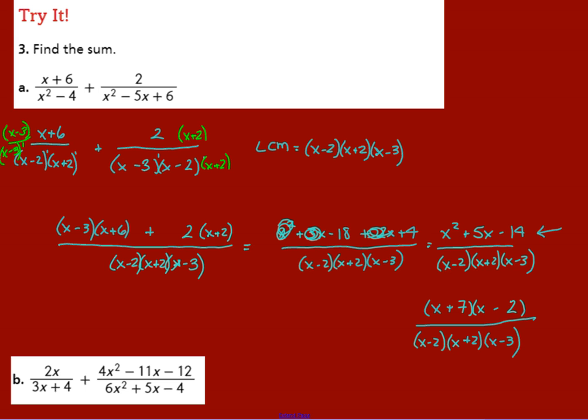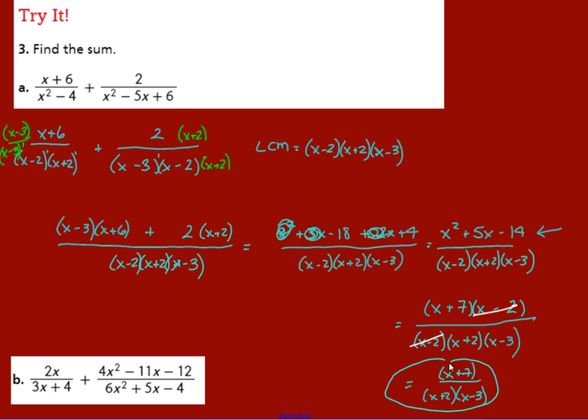And here, finally, my x minus 2's will cancel, and I'm left with my final answer of x plus 7 over x plus 2, x minus 3. And this is our final answer.